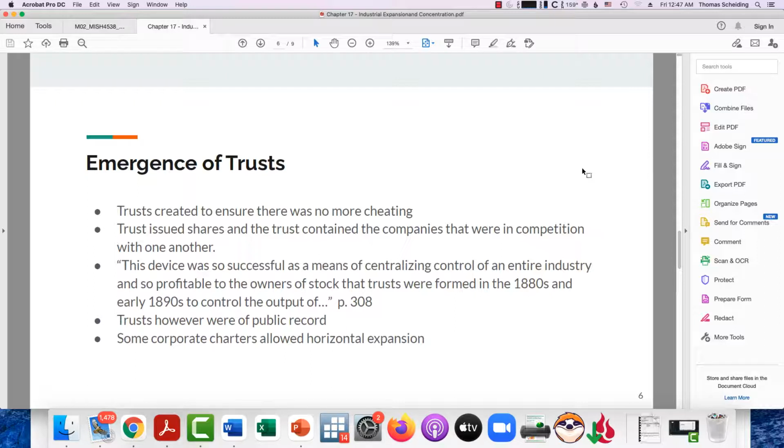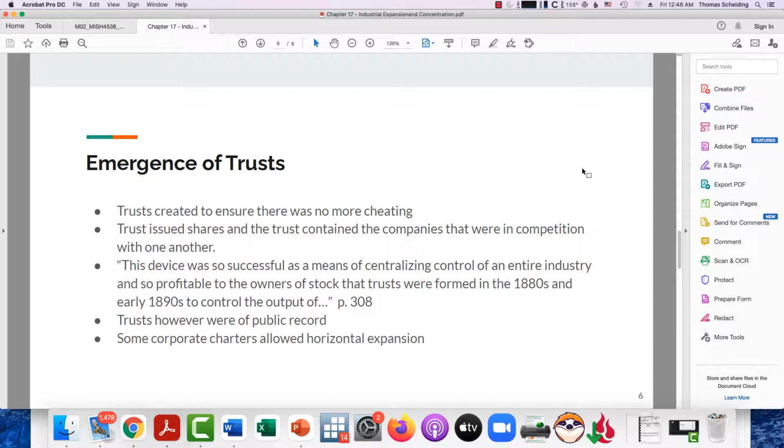And so that those companies get something for having given up their company to the trust, they get shares of the trust. This also ensures that basically every company has a vested interest in honoring what their agreements were in terms of the price.